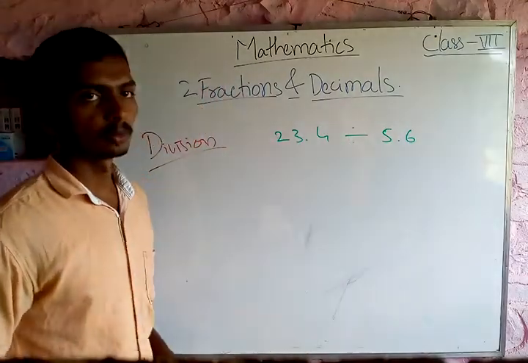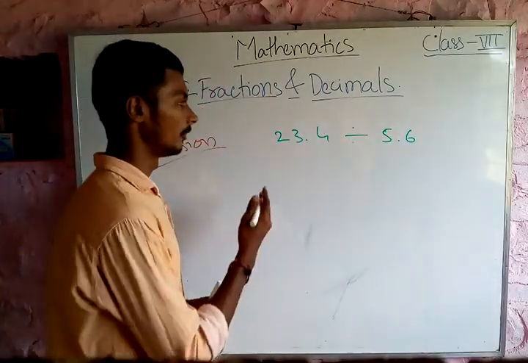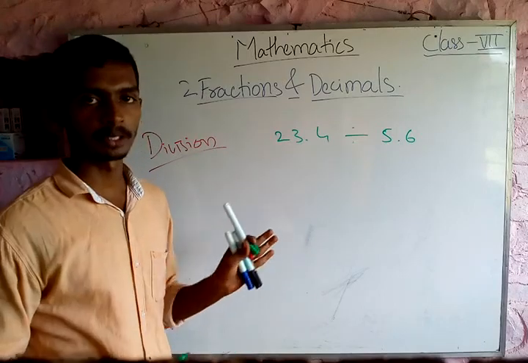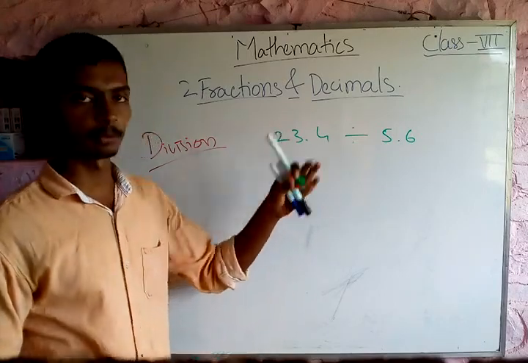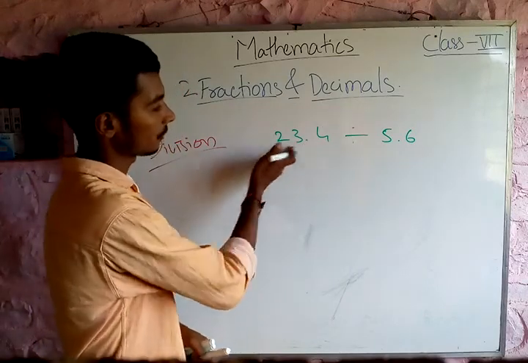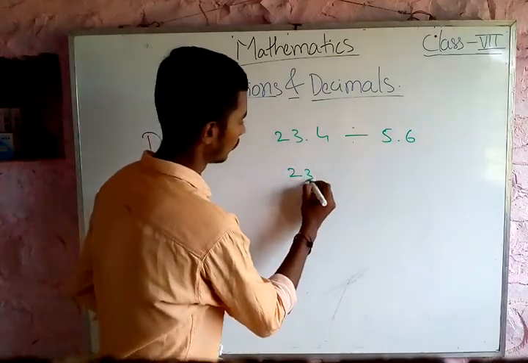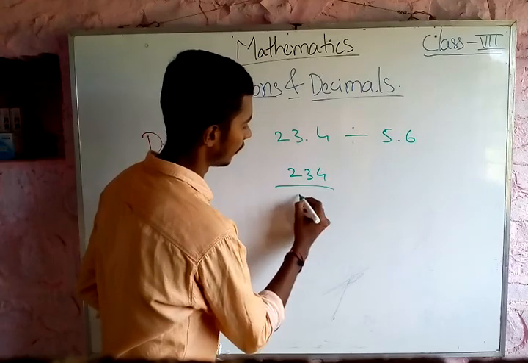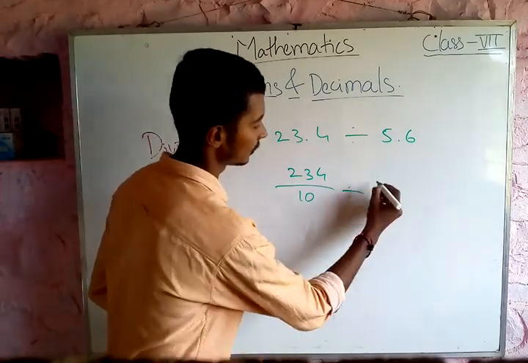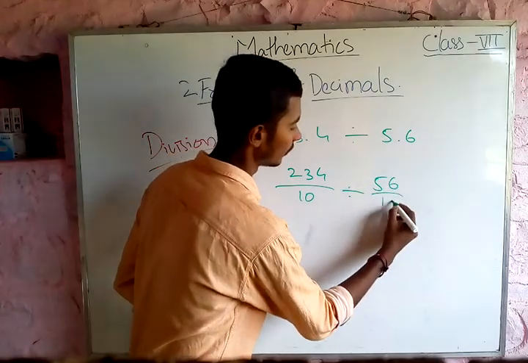Okay, how to divide these numbers? We can either divide it normally and keep the decimal point accordingly, or we can reduce them to their respective equivalent fractions. The equivalent fraction of this is 234 by 10, and the equivalent fraction of this is 56 by 10.